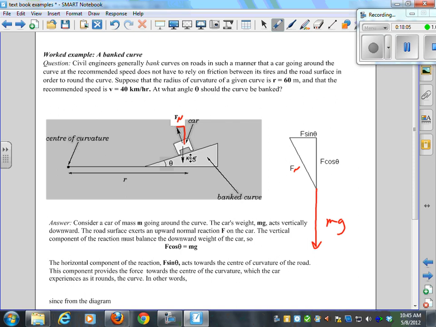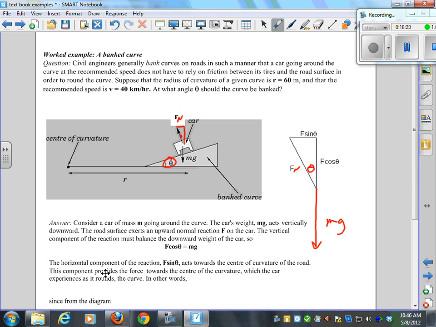Do you remember that this angle in here is the same as the angle of this one right here? Yes. So this is adjacent, so this is F cos theta. So what can you say about F cos theta and the weight force of the car, mg? They have to be equal, right? So F cos theta must equal mg.